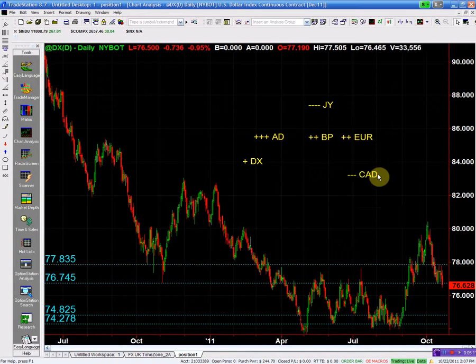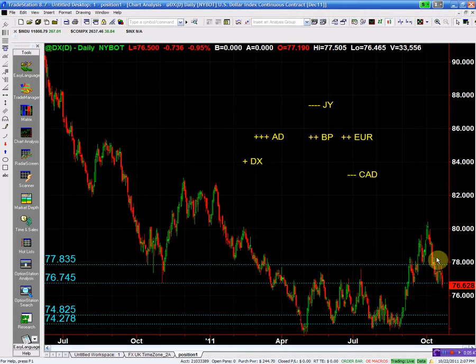The dollar right now, if you look at it technically, looking at this chart, it is still considered in an uptrend, and only when we get a trade or a serious close below the 76.74, we can say that the upward trend for the dollar has now stopped, and we might be getting a turn or a move, a second leg down.